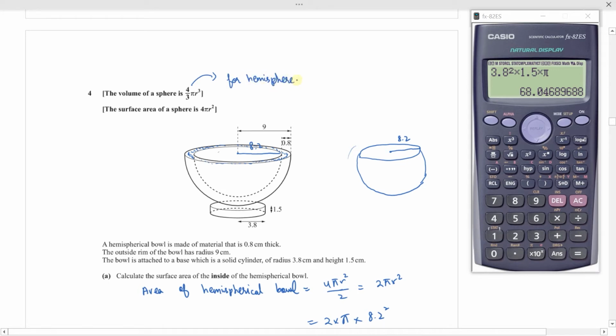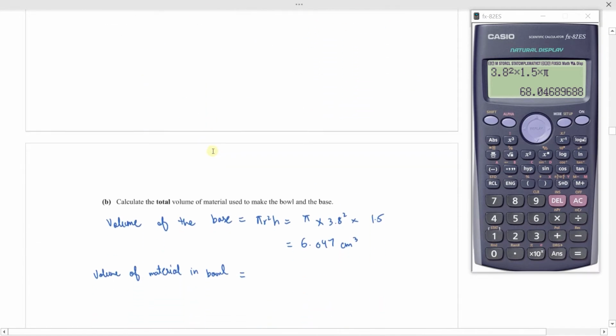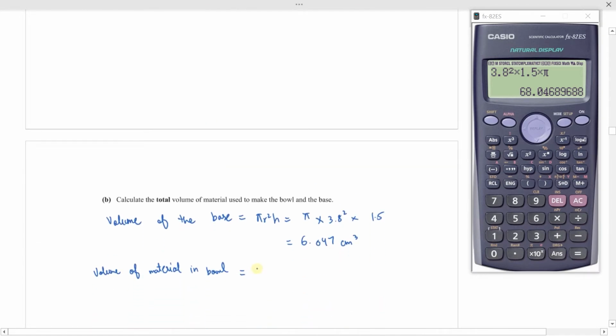Hemisphere will be 2 by 3 pi r cube. So now you have to calculate the volume of two hemispheres, the bigger outer one, and then subtract the inner smaller one. So let me write it down: the outer one will be 2 by 3 pi capital R cube minus the inner one, 2 by 3 pi small r cube.